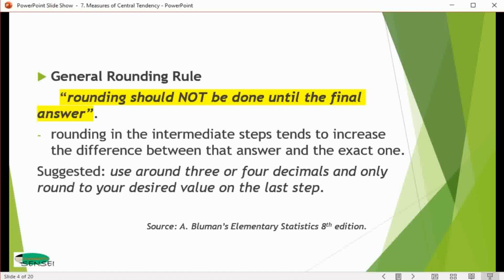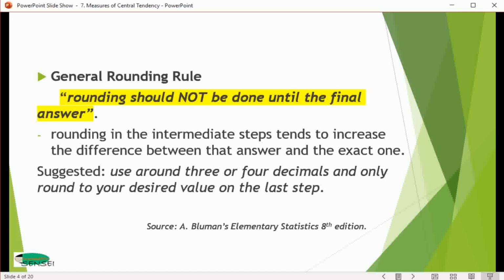Ideally, we should not be presenting them in smaller decimal values. But if you cannot avoid it, then you can use at least 3 or 4 decimal places. The idea there is that we would like to have an answer that is very close to the expected value.